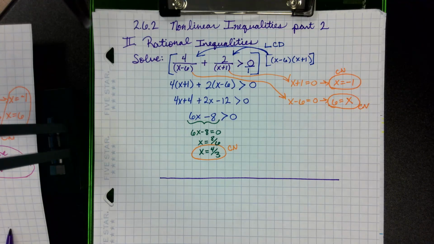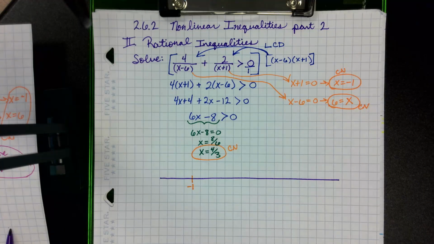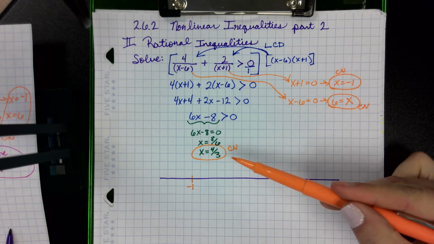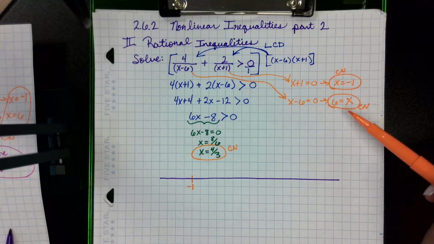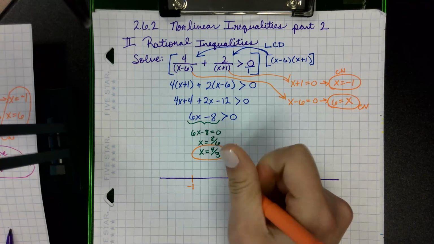Left to right, -1 is going to be the smallest one. There's only one negative. It's -1. So I'm going to put that on here first. -1. And then I have 6 and I have 4/3. Well, 4/3 is like 1 and a third, and 6. So 1 and a third would be smaller than 6. So that comes next. 4/3.